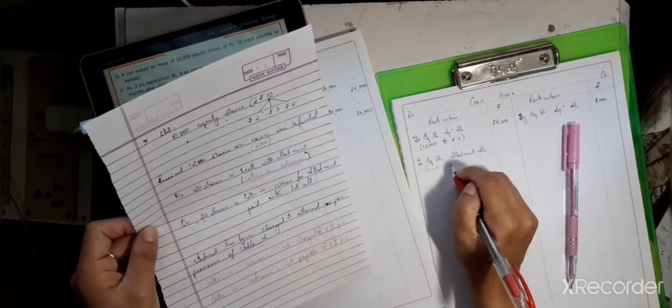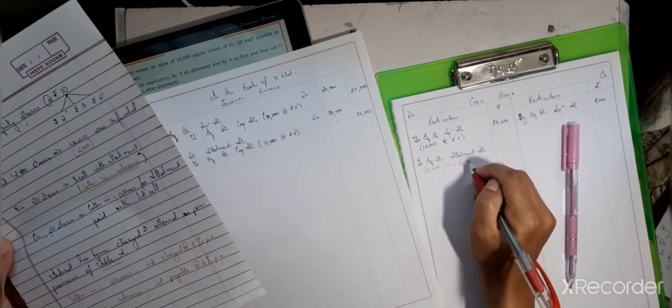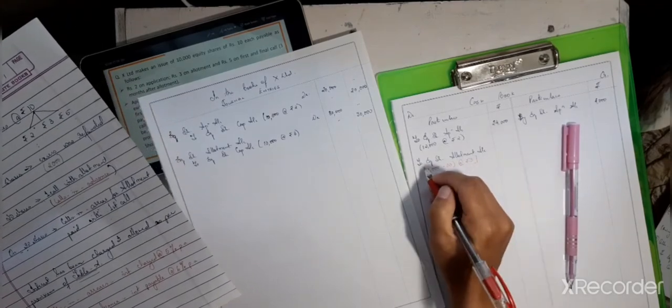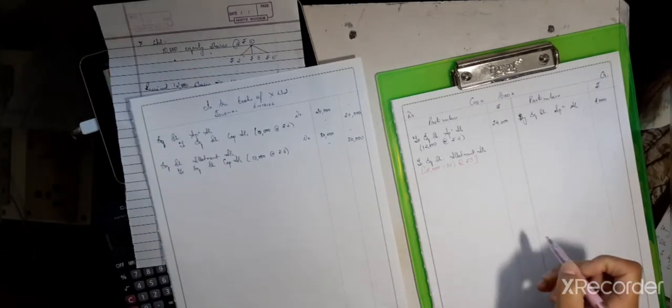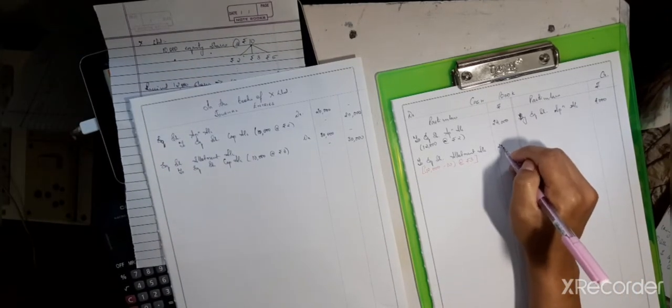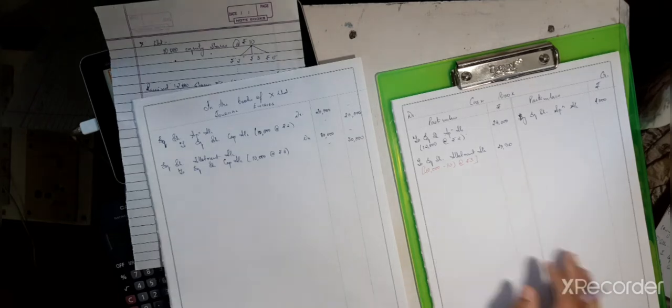So 10,000 minus 30 at the rate of rupees 3 per share will give you an amount of rupees 29,910, which is the amount that is received.